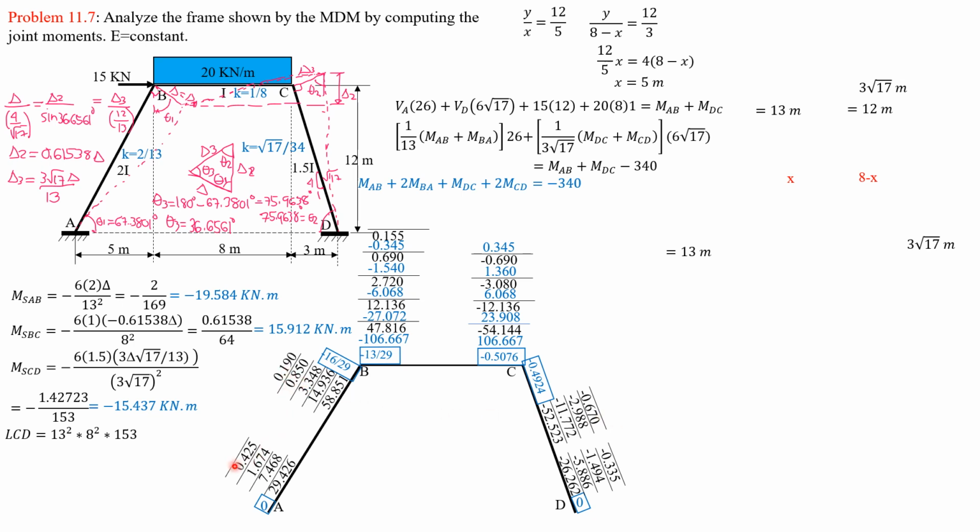Carry over 0.190 divided by 2, 0.0195 lakh partially. Negative 0.175 divided by 2, carry over here, negative 0.088. Half of 0.155, carry over there, 0.078. Half of negative 0.170, negative 0.085. Negative 0.088 times negative 13 over 29, distribute.